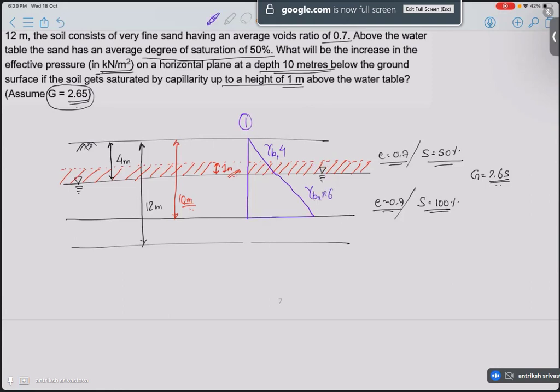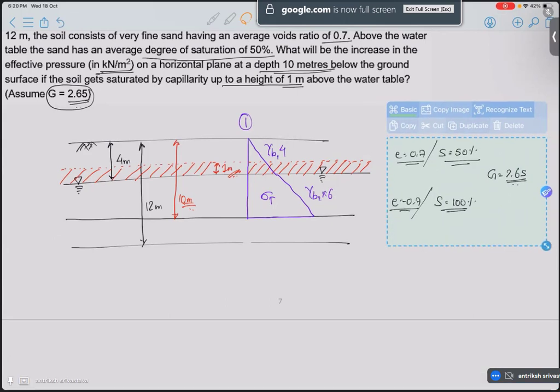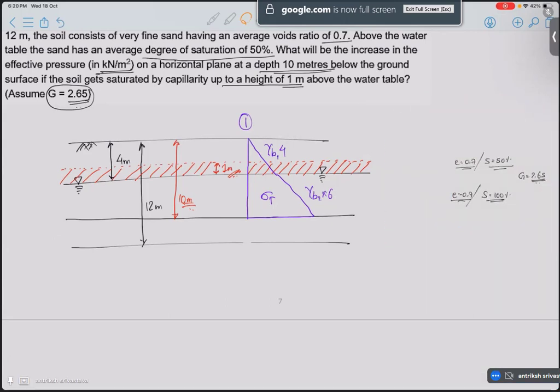So this is the total stress. What about water stress? Water stress will start from the water table with value of gamma W into 6. And then the effective stress is nothing but the subtraction of these two values. And at this point, at the point at 10 meter below the ground.